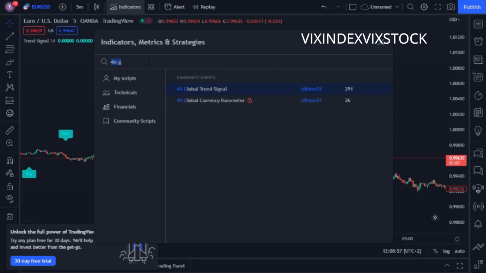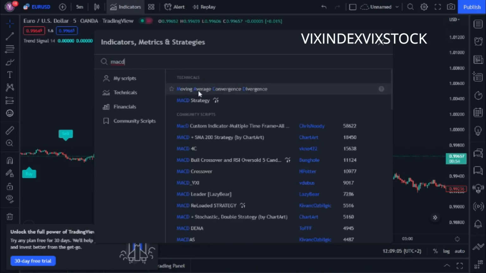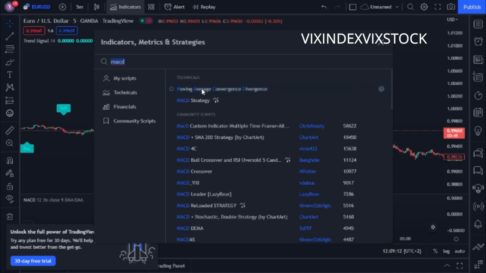Then the second indicator that we are going to add is the MACD. We are going to use it to filter our trades, so we are just going to add our MACD there.